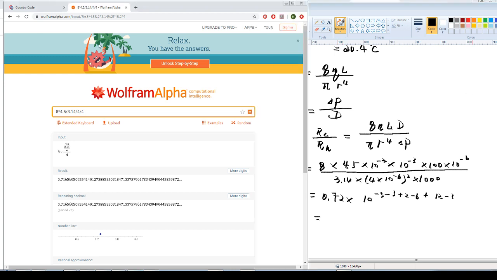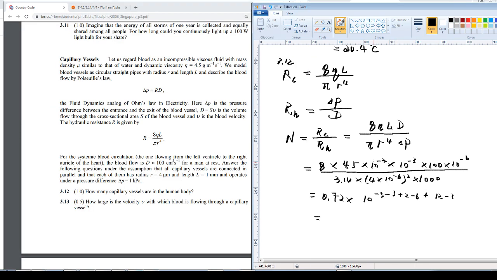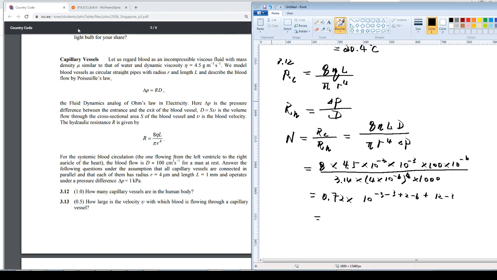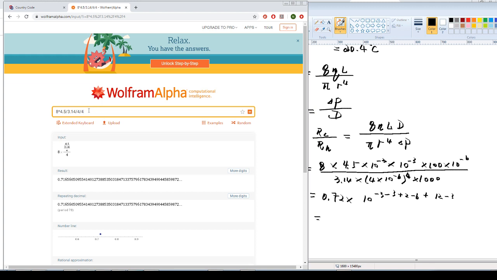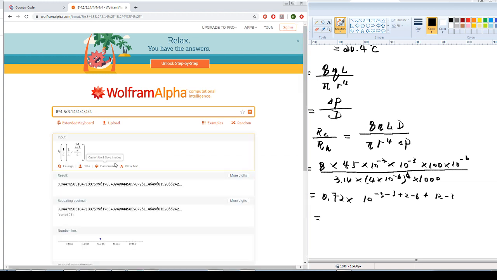It's too small. Oh, because that's pi r to the fourth. Yeah. So I need to divide this 4 times. 2.044.